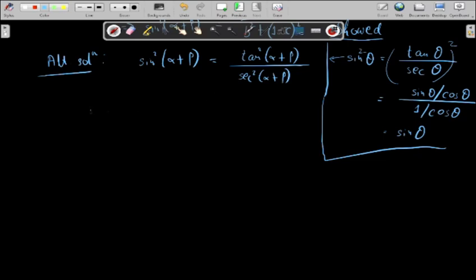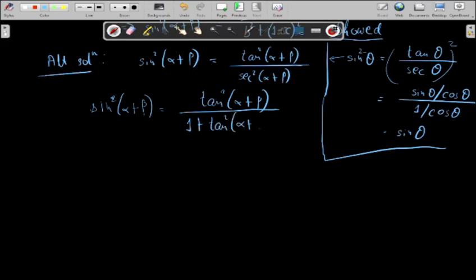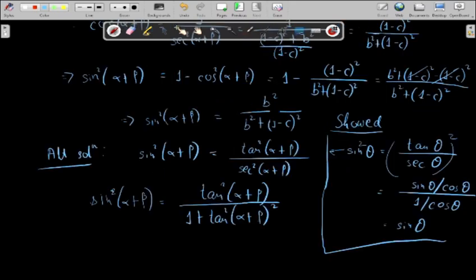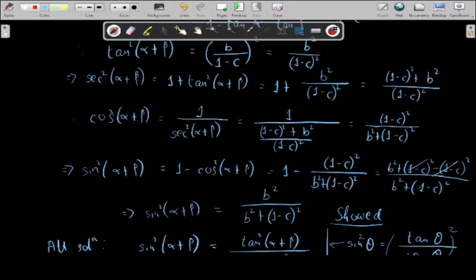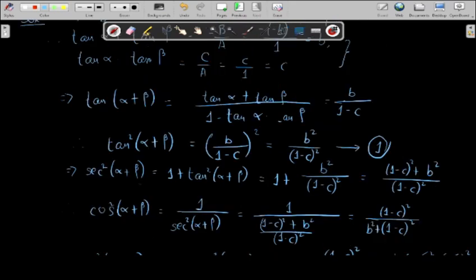Okay, so now let's find out what is sin square alpha plus beta directly. Just tan square alpha plus beta, and we can write sec square directly as 1 plus tan square theta. Okay, so what is tan square alpha plus beta? Tan square alpha plus beta is b square upon 1 minus c whole square, right?